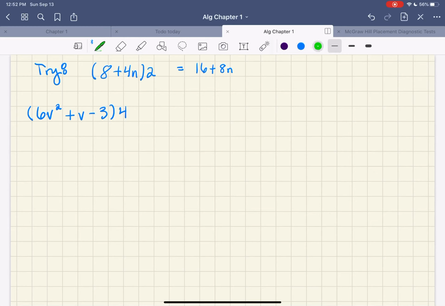Well, that seems a little crazy, but actually we can use it. So we are going to multiply the 4 by the minus 3, by the v, and by the 6v squared.